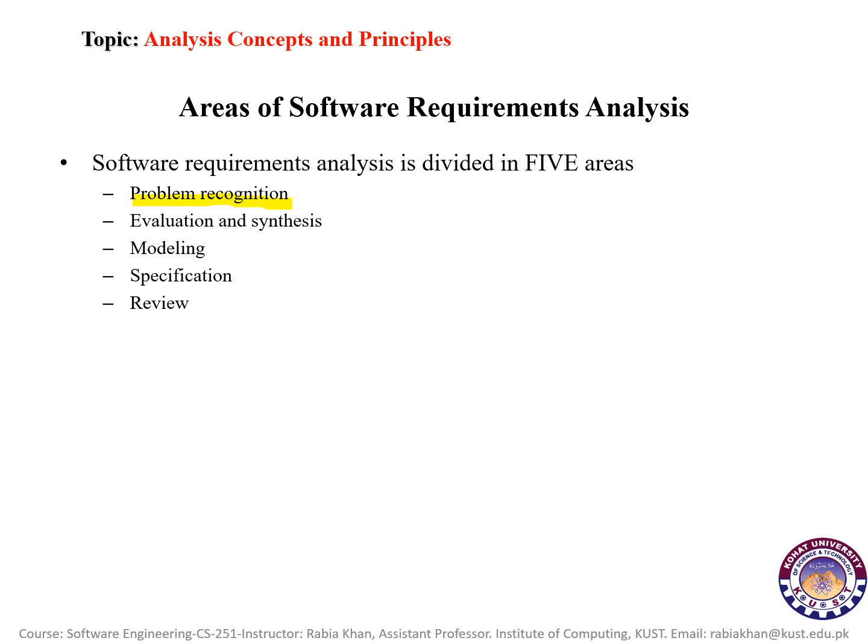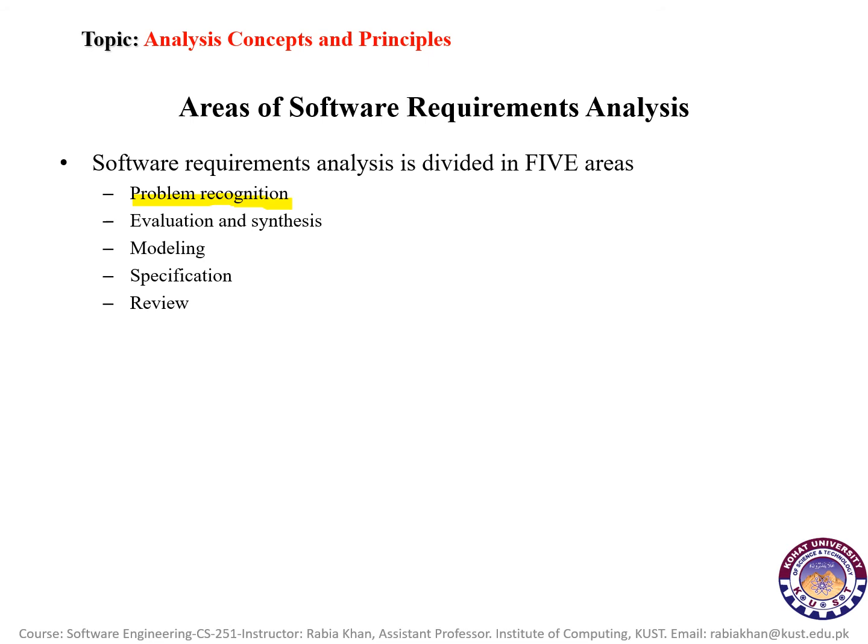Next, the communication for analysis needs to be established so that the problem recognition is ensured. So here, constant communication with the customer is required in order to properly understand the problem and the working atmosphere of the customer, so that a proper software solution can then be defined.